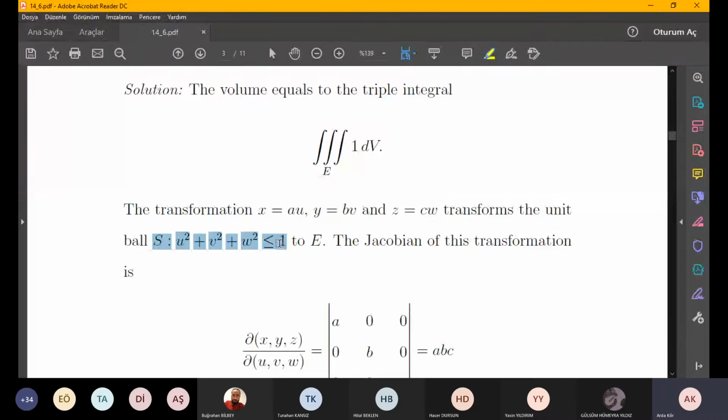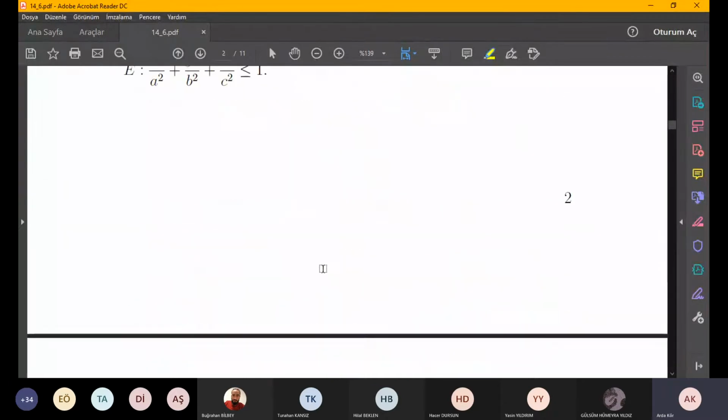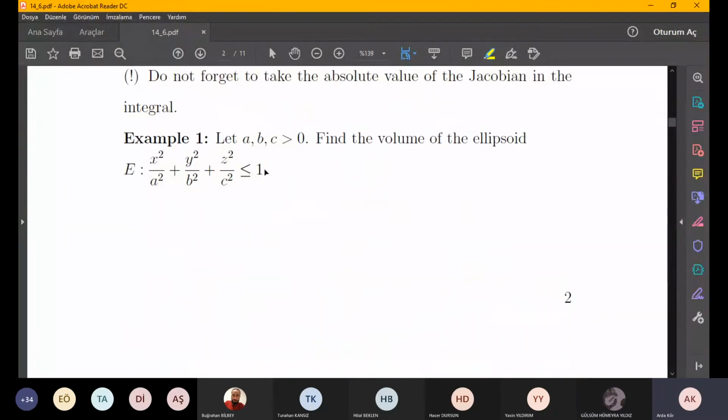The ball S will be u squared plus v squared plus w squared smaller or equal to 1, so it transforms the unit ball to the ellipsoid. We need to calculate the volume.